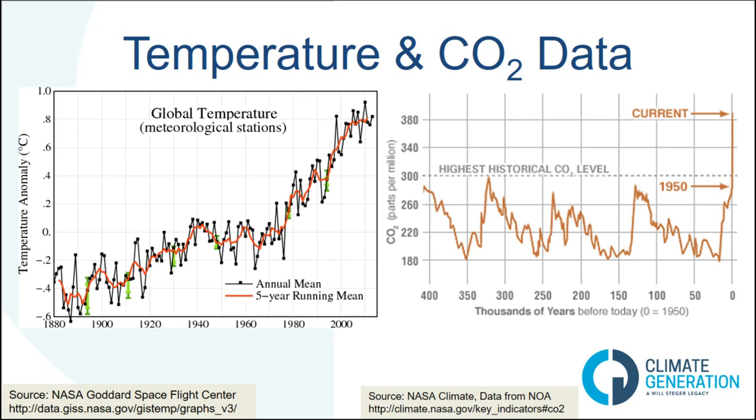Also, the amount of CO2 has increased. Currently, we're way up here at a little more than 380, almost like 382-ish maybe parts per million of CO2 produced. This has increased so much more since the 1950s.